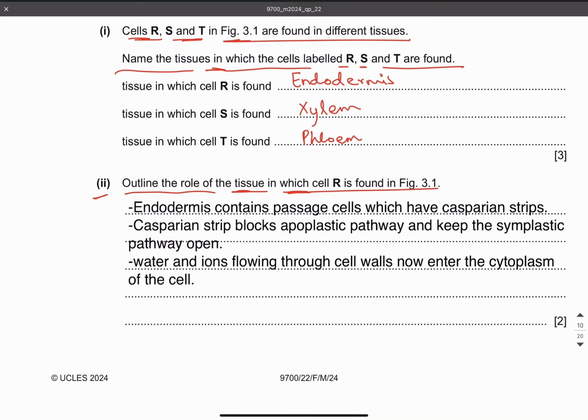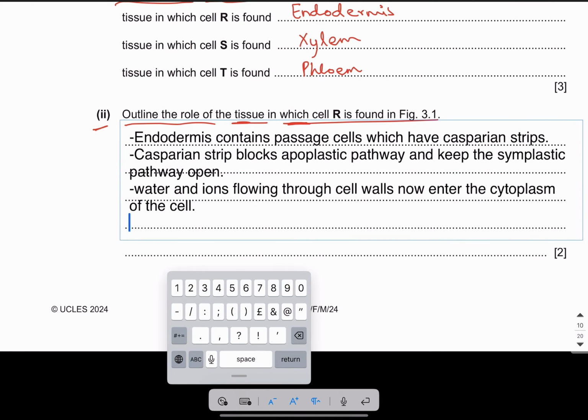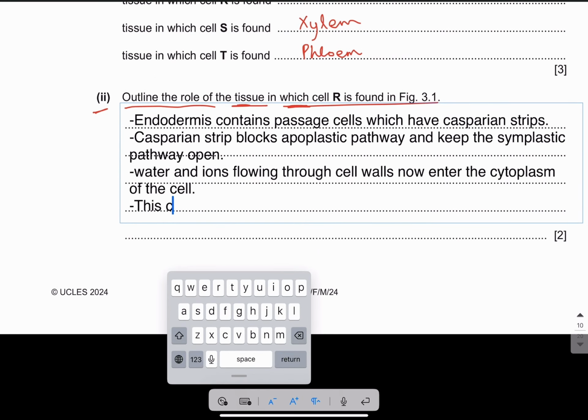So basically the endodermis blocks the apoplast pathway and converts the apoplastic pathway into symplastic pathway. This controls the amount of ions or the type of ions flowing into the xylem vessel. You can also mention that this controls the flow of ions into the xylem.